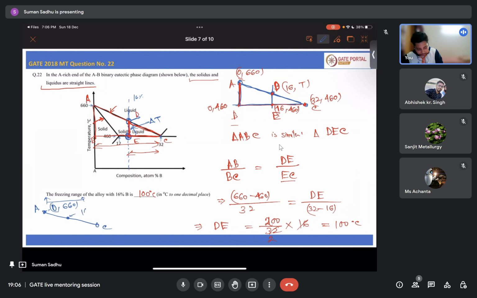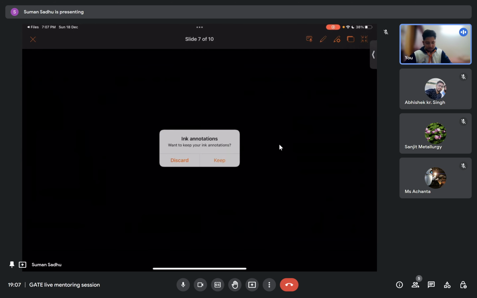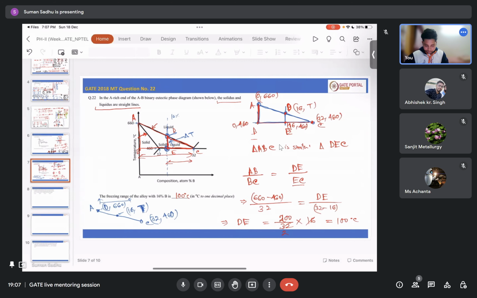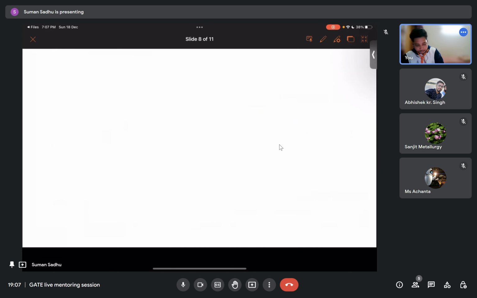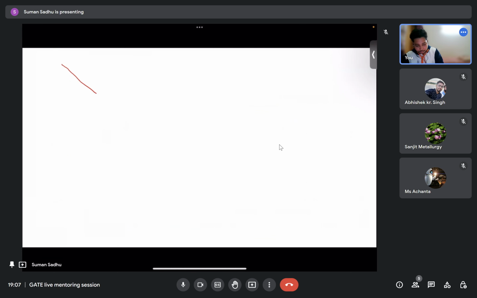This is 16 comma T start, or you can write T melting. Let's say I am writing this as T, and this is 32 comma 460. So now the slope will be the same, right? Okay, let me do it on another page. You have 3 points.